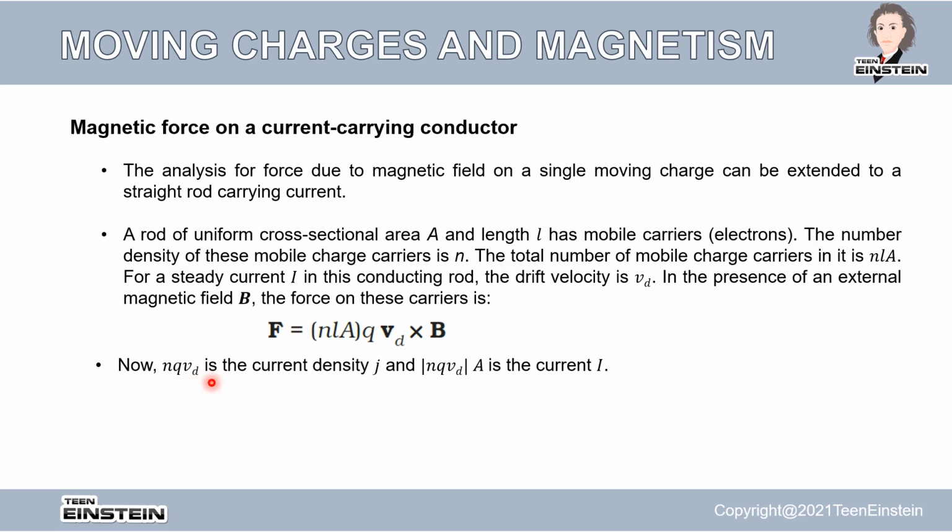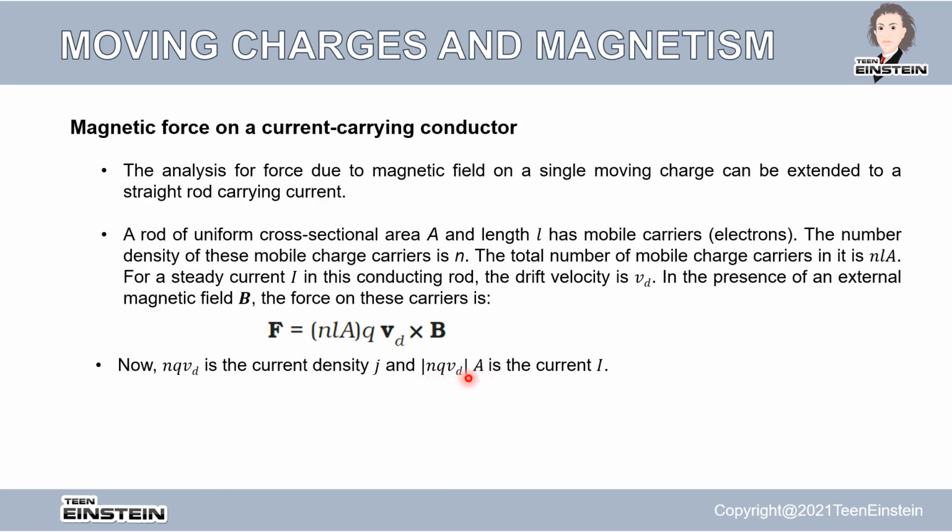This nqvd is called the current density, because nq is the charge density and vd is nothing but the distance divided by time. So if you take the time element to this side, you get the current multiplied by the distance. So nqvd is the current density J, and if you have A along with that, then you get the current.